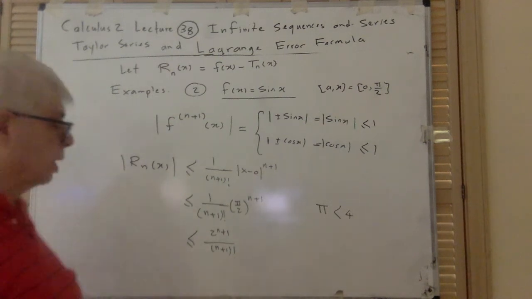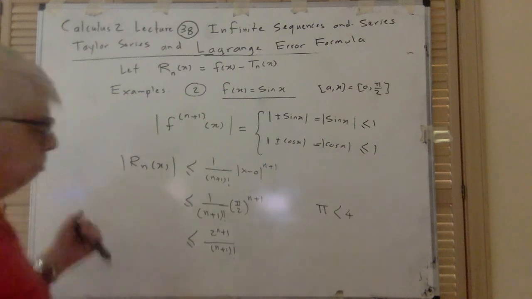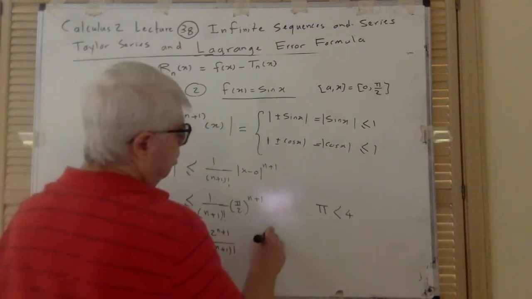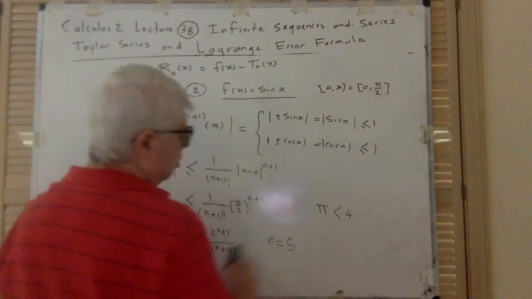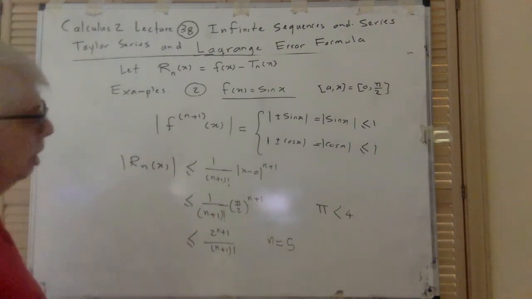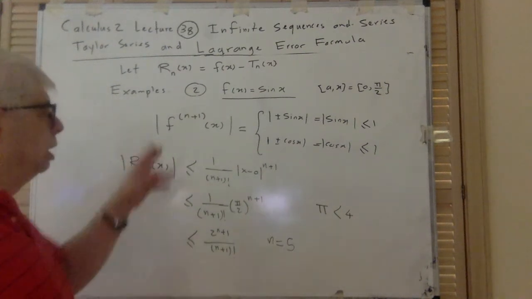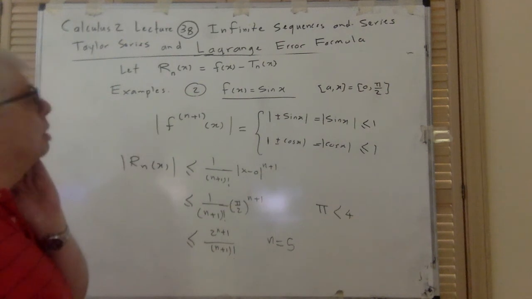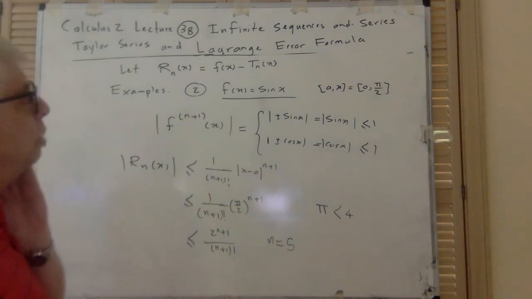So maybe for n equals 5, I have an amazingly nice approximation.